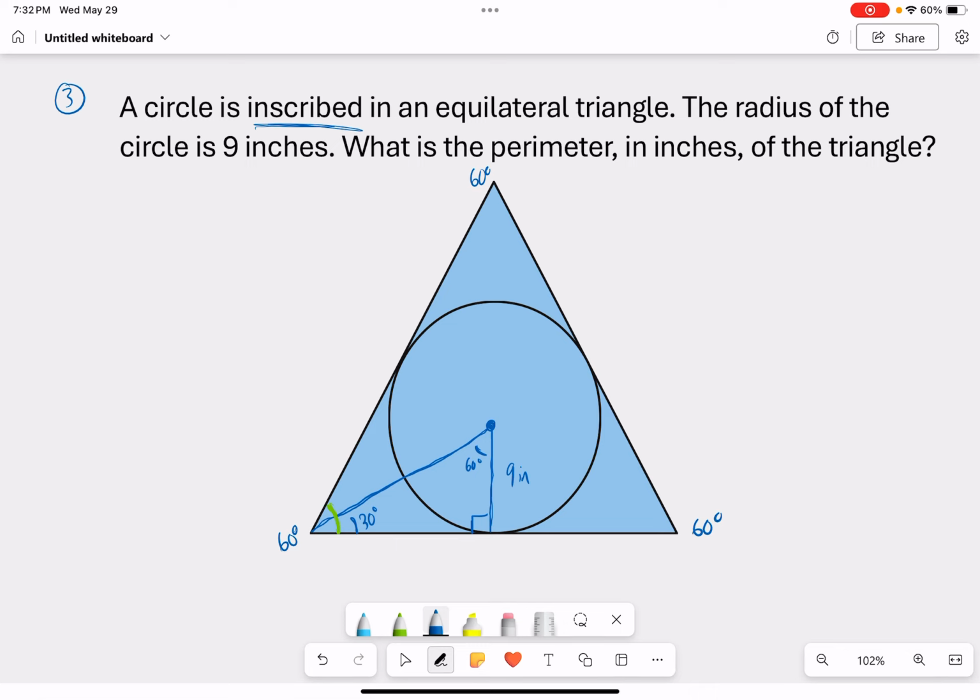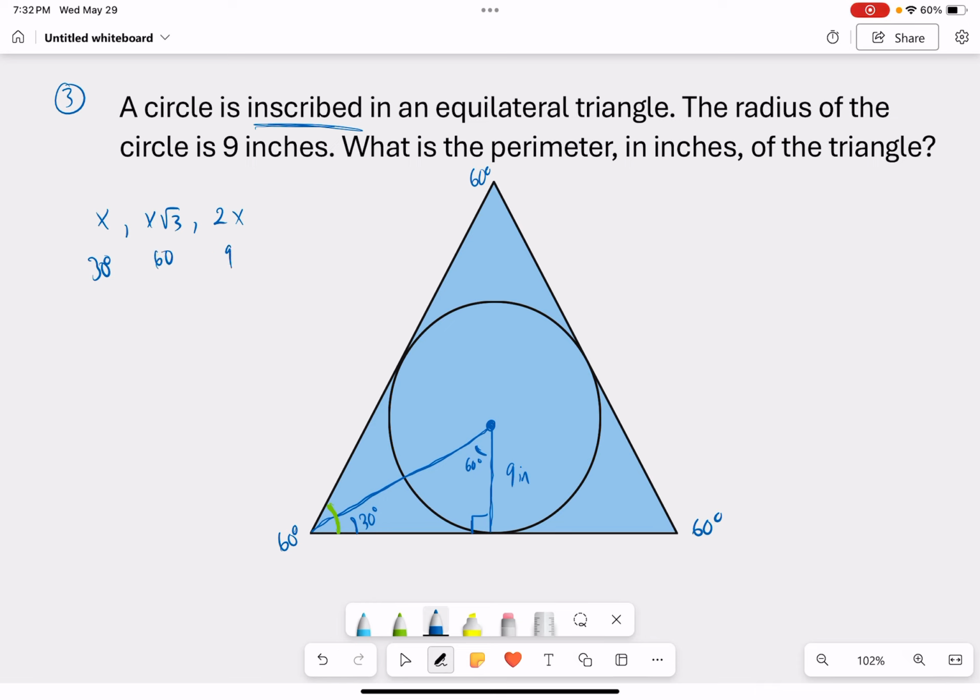Now, 30 will be the smallest, and the rule for the 30, 60, 90 is that one side is x, one side is x root 3, and the other side is 2x. The one opposite the 30 degrees is x. The one opposite the 60 degrees is x root 3.